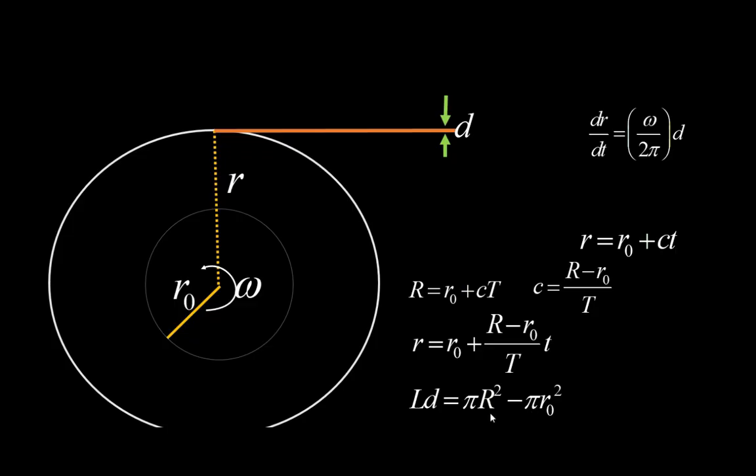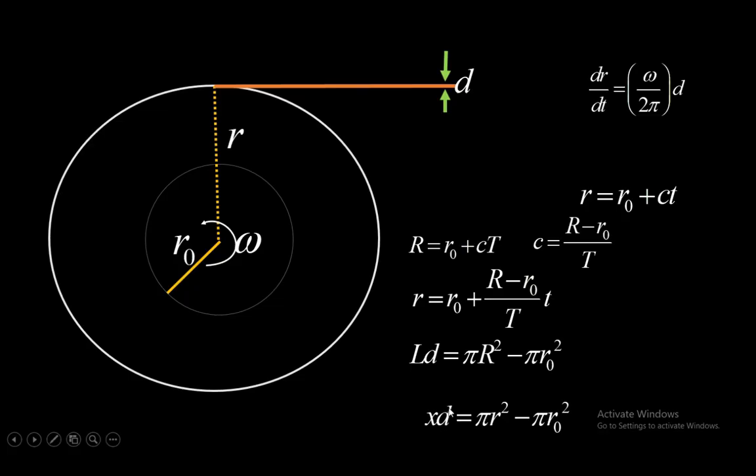So increase in area when wrapped is equal to the area of tape that is to be wrapped. This equation is clear. Ld is the area of tape that is to be wrapped. And when it is wrapped, the radius goes from R0 to capital R, and therefore area increases from pi R0 square to pi R square. So this is the net increase in area, which is equal to the area of tape. Okay, so this equation is clear.